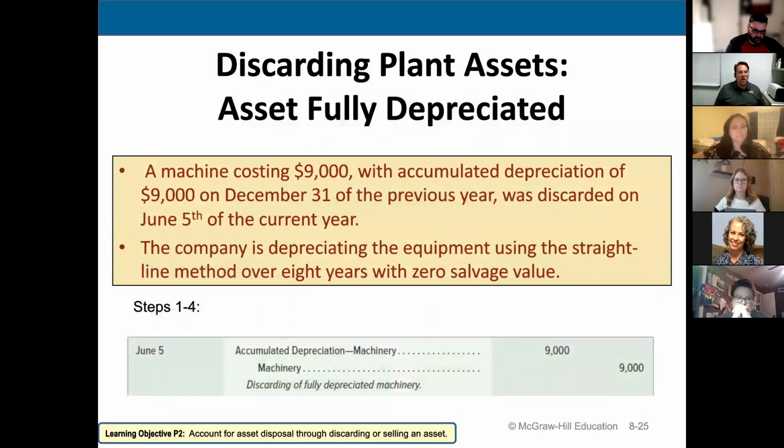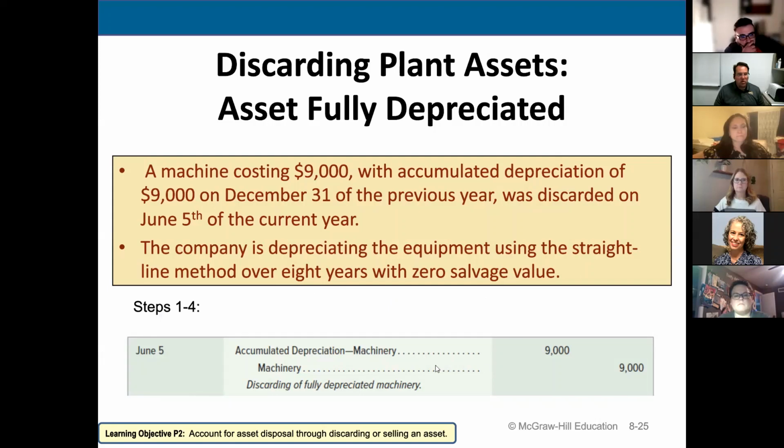So here's how we discard a plant asset that's fully depreciated, meaning we're not getting any money for it, and our accumulated depreciation account is the same as our asset account. So it's fully depreciated. This one has zero salvage value.